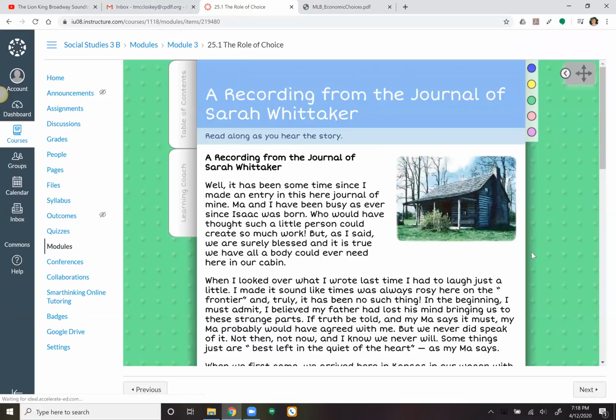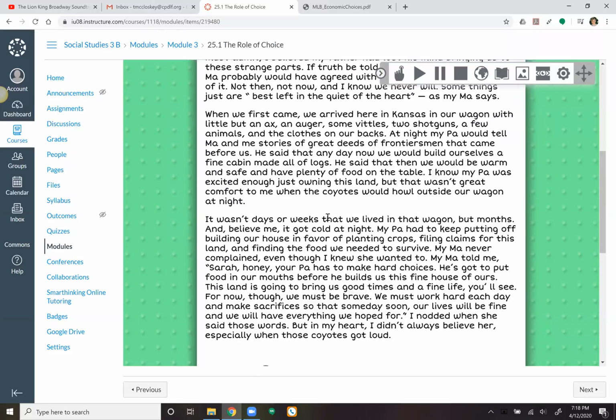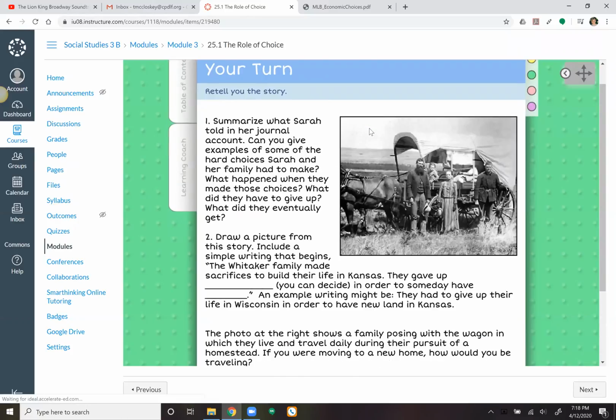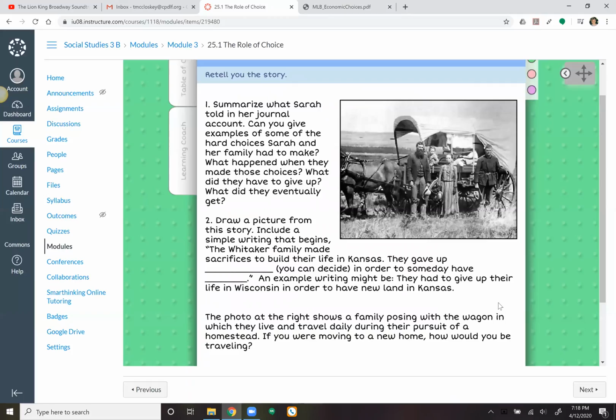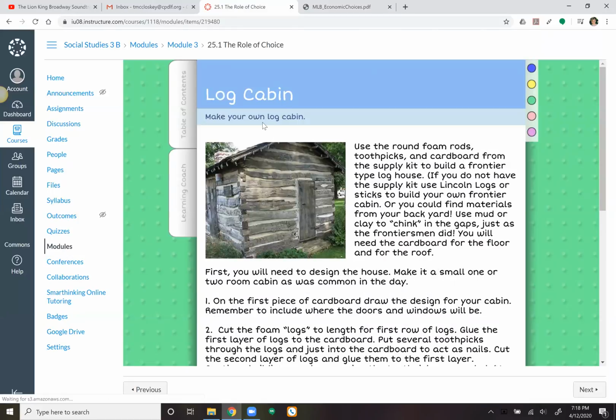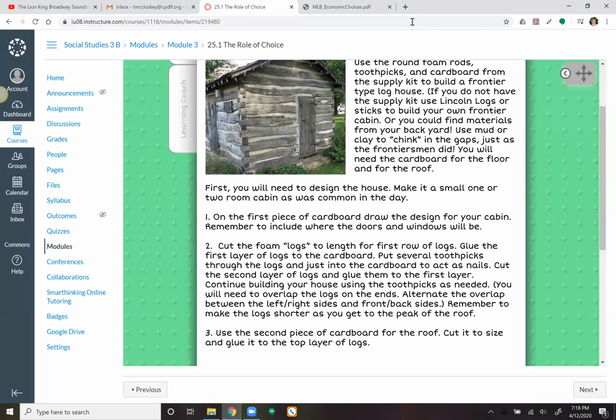So page 1 is Tuesday. Page 2 is Wednesday. You will read this, and you can use the tool here to listen to the recording. And then page 3 gives you further directions of how to complete this booklet. And the final page of the booklet reflects page 4. So be sure to check those out.